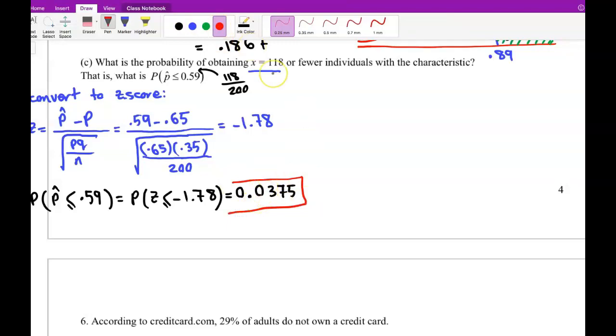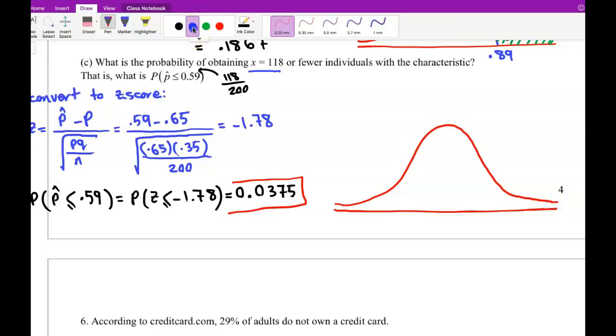I'm drawing it. On the right side we have positive, and on the left side we have negative.